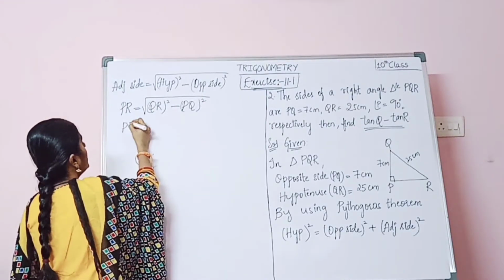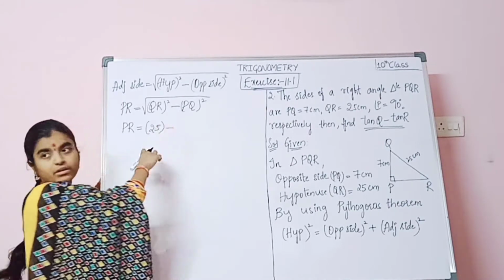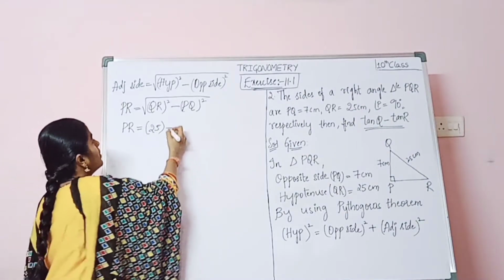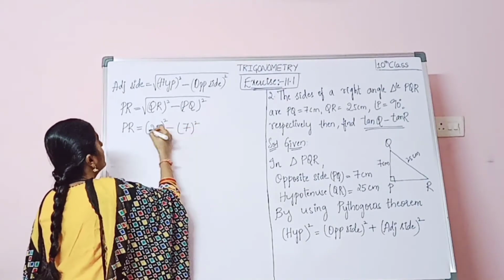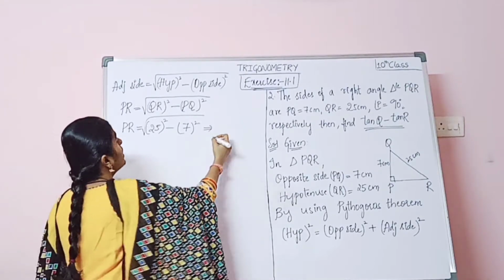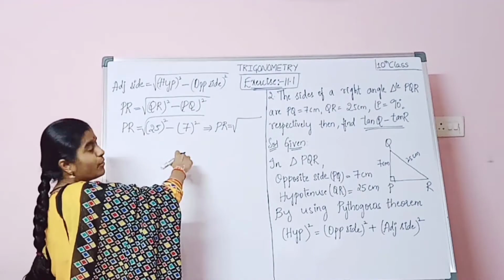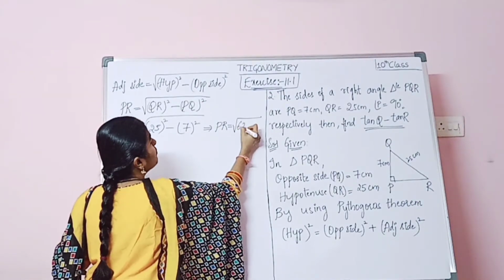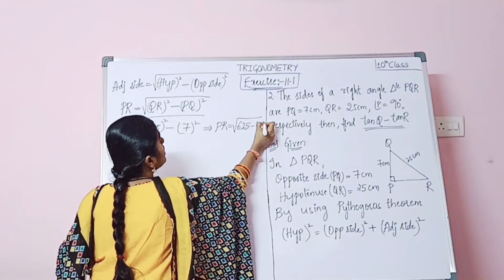So now PR equals, what is QR? 25 centimeters. So QR value is 25 whole square minus PQ value 7 whole square, under root. That implies PR equals, 25 square means 625, minus 7 square means 49. 7 sevens are 49.